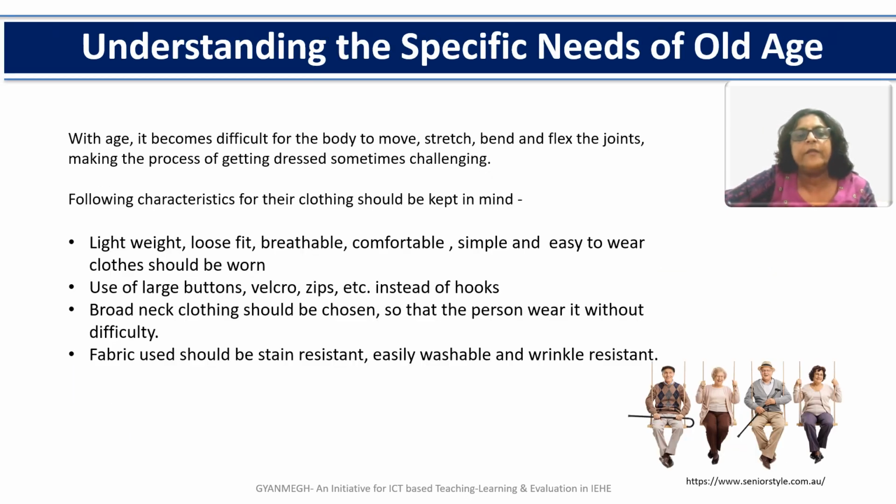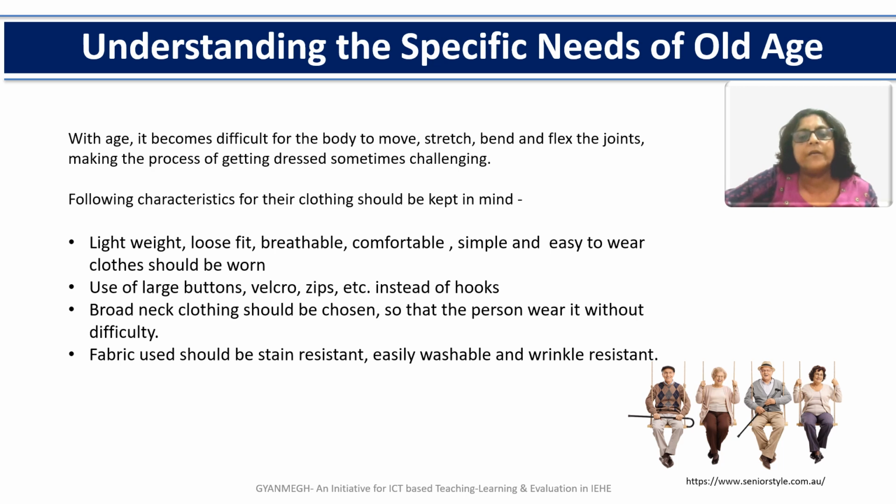With age, it becomes difficult for the body to move, stretch, bend and flex the joints, making the process of getting dressed sometimes challenging. Some characteristics for their clothing which should be kept in mind are as follows. Lightweight, loose fit, breathable, comfortable, simple and easy to wear clothes should be worn.